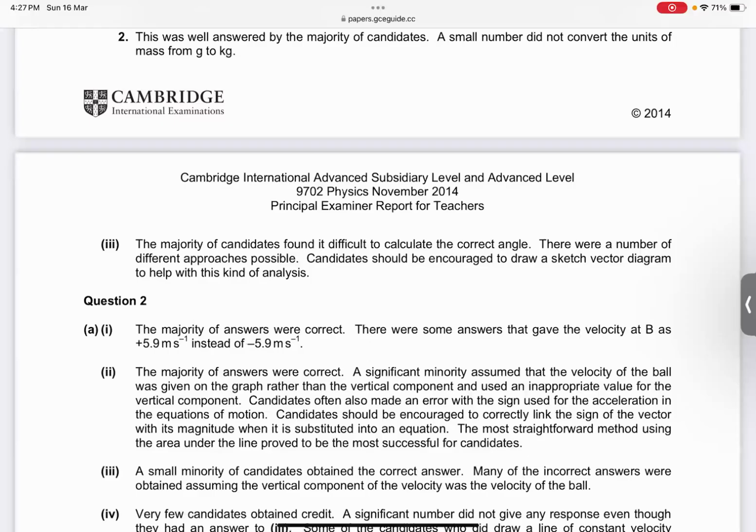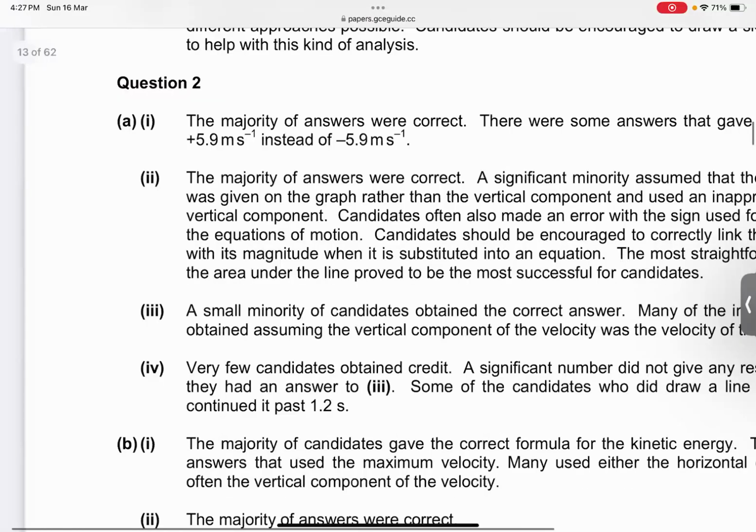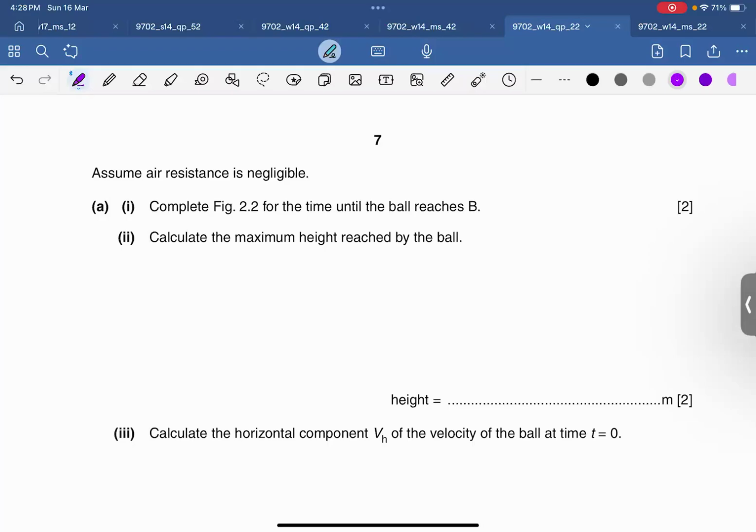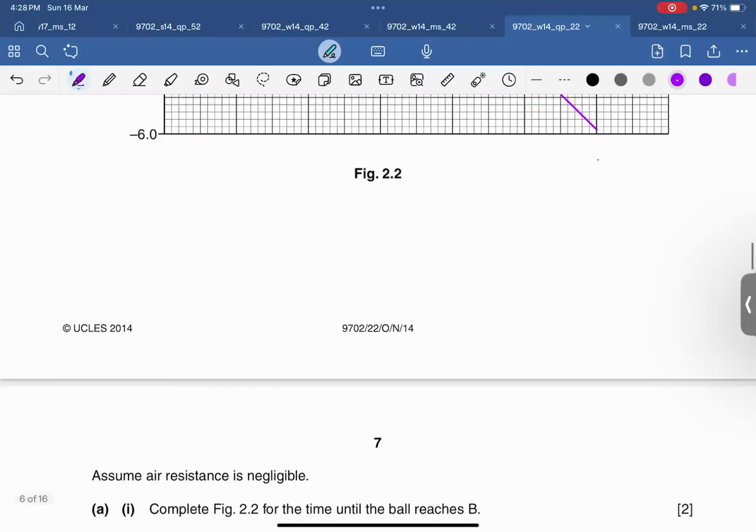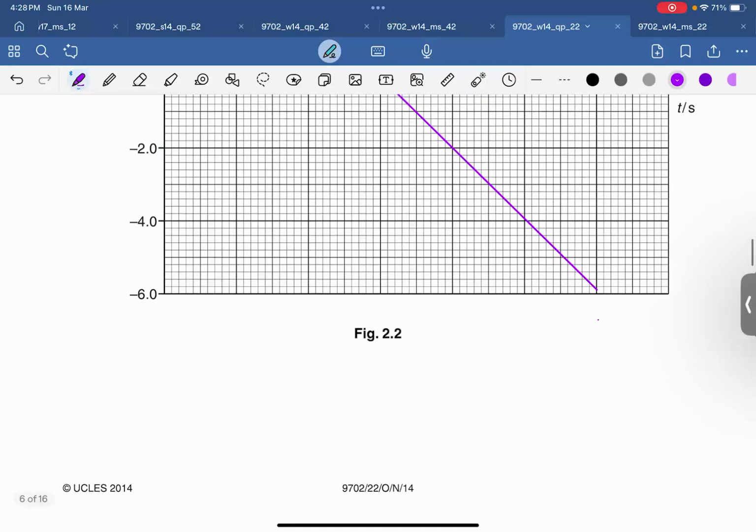Okay, let's move on. Read ahead. Yes, Rayan, where are you? Calculate the maximum height reached by the ball. What will you do? Which quantity from the graph helps you out in that?